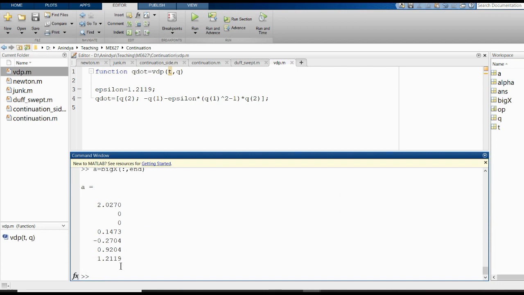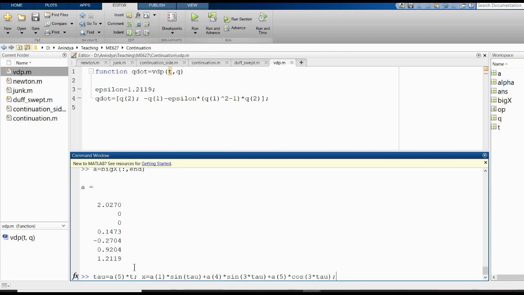Then what I will do here is I will say tau is equal to omega, which is A5 times t. Then I will say x is equal to A of 1 times the sine of tau plus A of 4 times the sine of 3 times tau plus A of 5 times the cosine of 3 times tau.